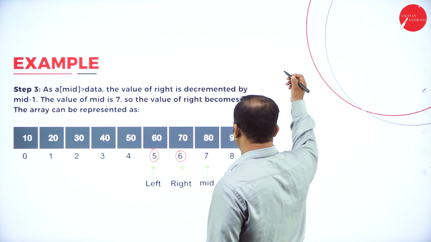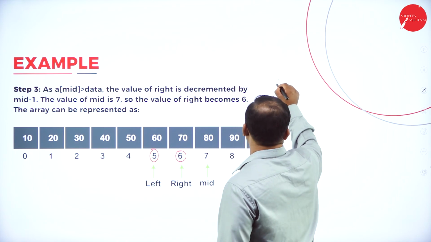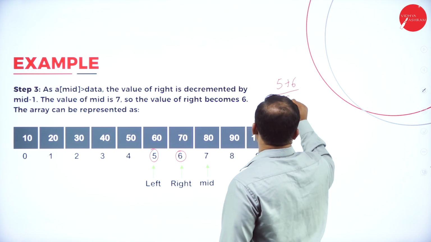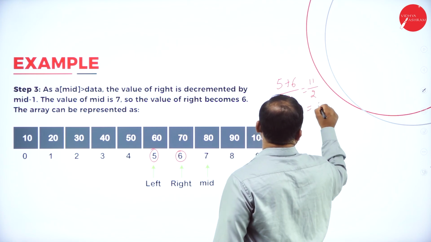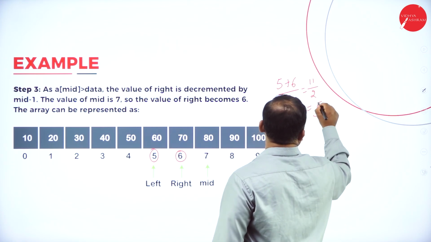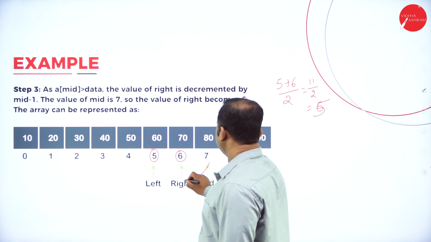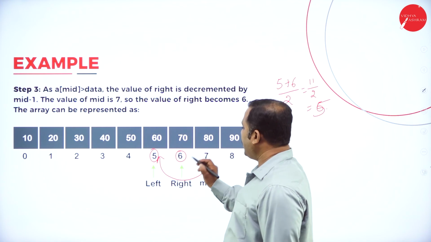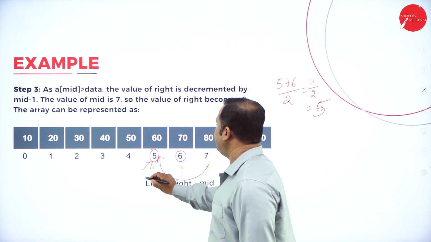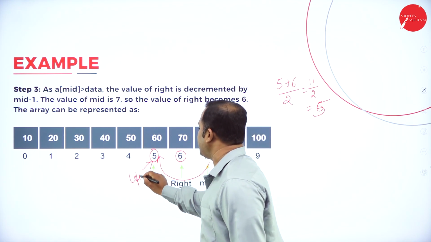Mid is equal to low plus high by 2, or left plus right by 2. That is 5 plus 6 by 2 is equal to 11 by 2, which is 5. Now this becomes your middle element. Now left and mid are pointing to the same location.